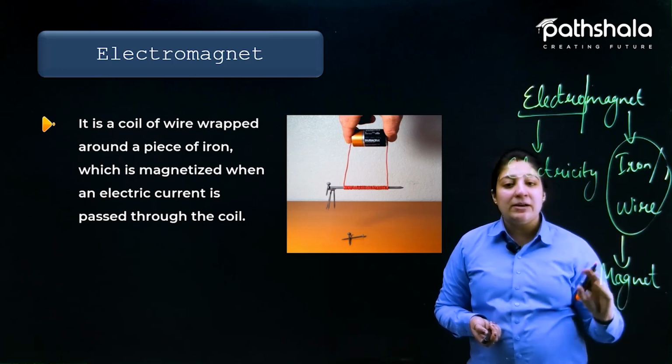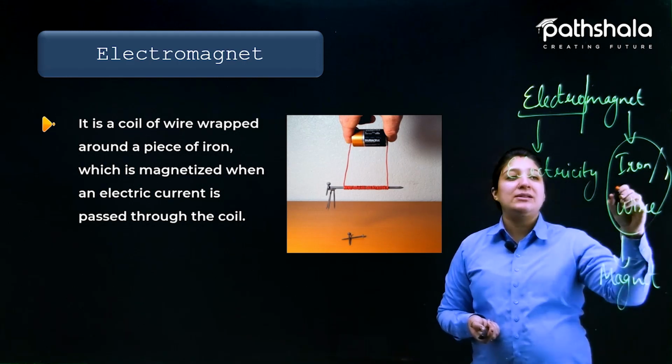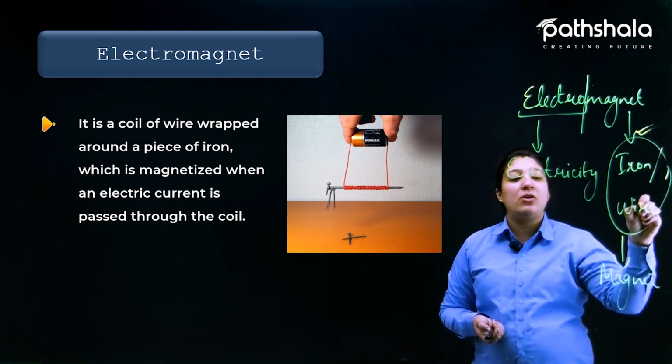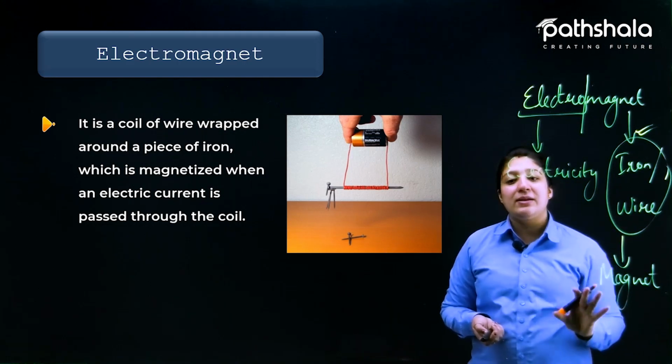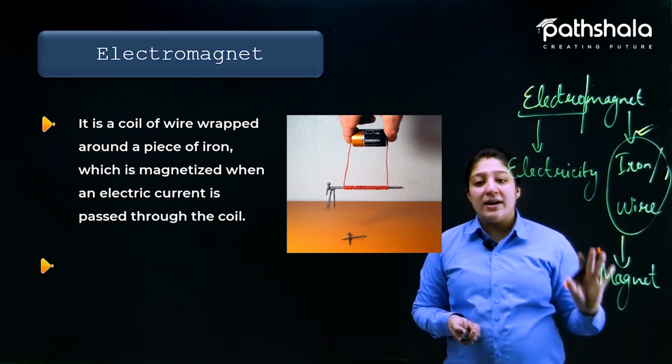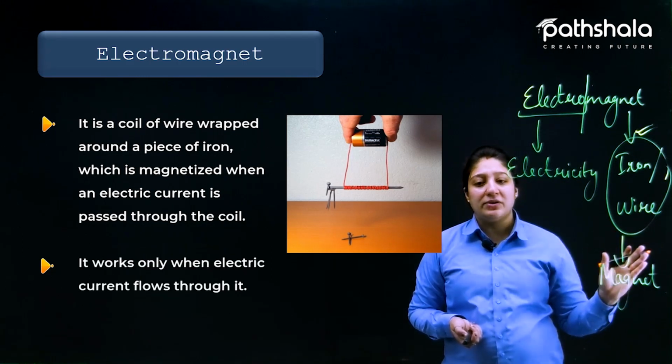As long as the electricity passes through the system, this iron piece or the coil of wire behaves as a magnet. So that is how we make electromagnets, and these are used for doing other work also.